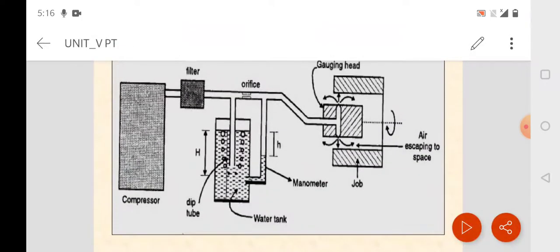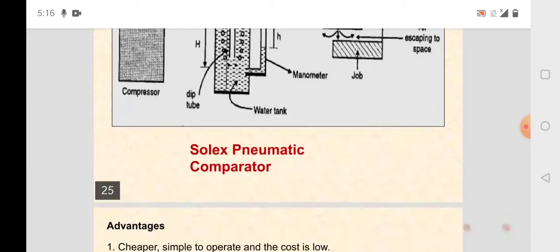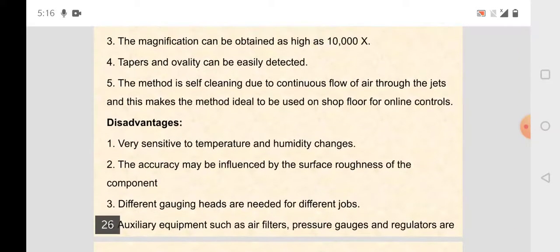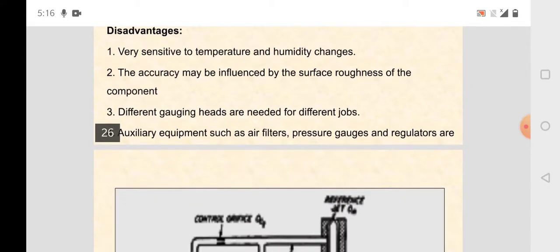The dimension of the gauging head will depend on the internal diameter of the workpiece, so if this changes, we'll have to change the gauging head. So that is the costly affair here. The gauging heads are to be used separately for different jobs. Then auxiliary equipment such as filters, pressure gauges, and regulators are used.